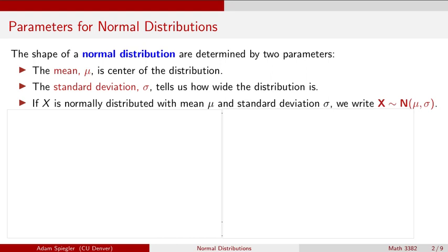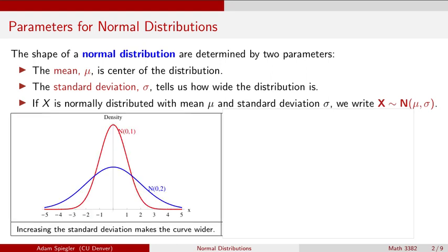If we take a look below, here is a plot of two normal distributions. Note these two distributions are both symmetric and bell-shaped. The distribution in red is what we call the standard normal distribution. Its mean is 0 and its standard deviation is 1.